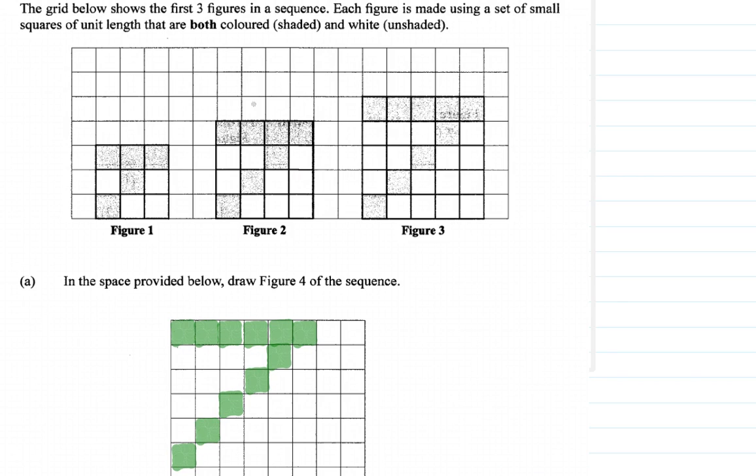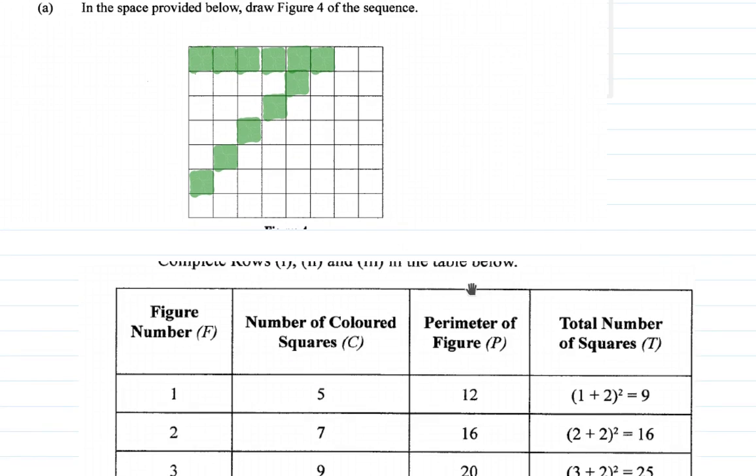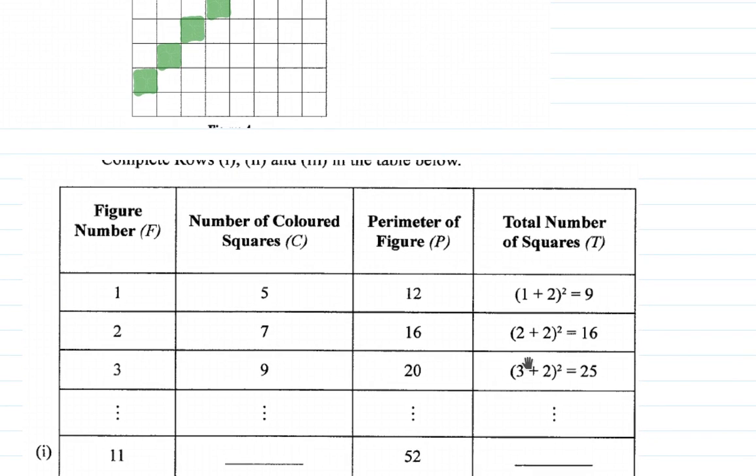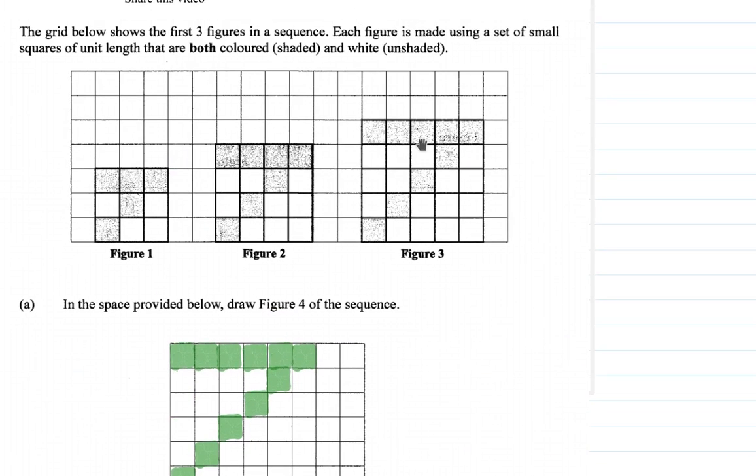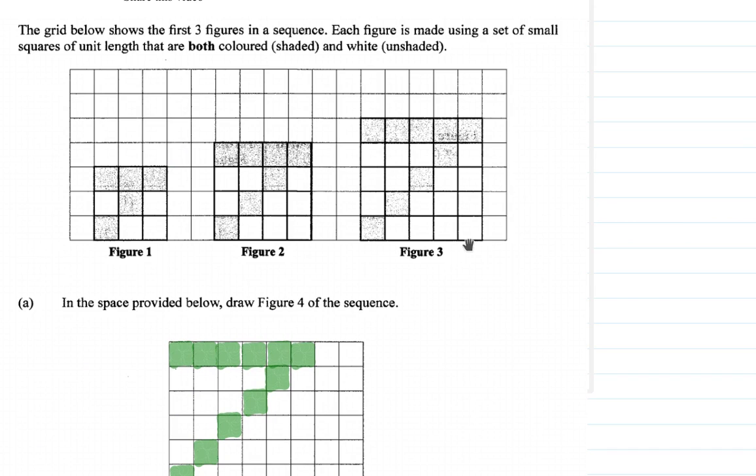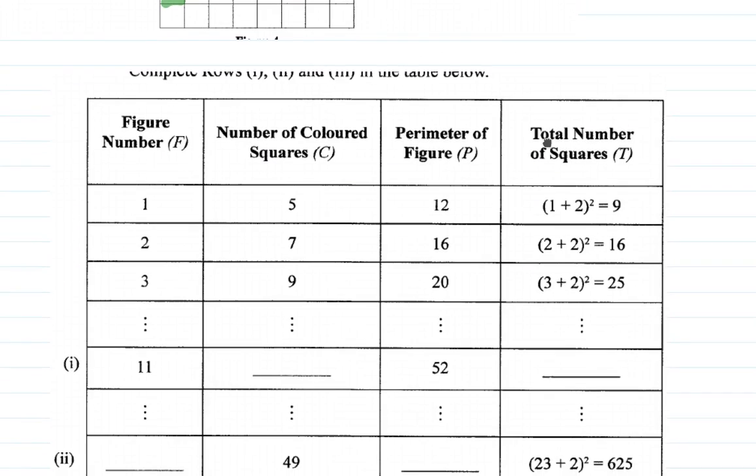So in that case, what you have is 5 and 5, 10 and 5, 15 and 5, 20. Alright, so perimeter is 20. So you see that total number of squares is 25. You have 5 going across, 5 going down.